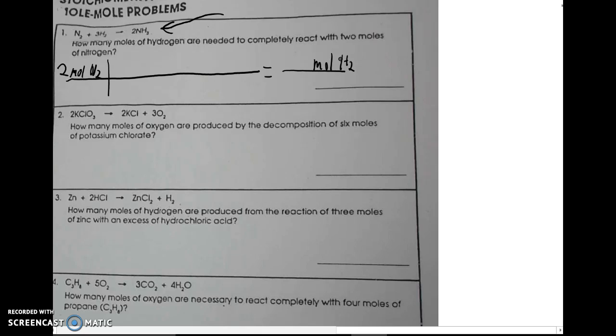So I want a mole ratio between nitrogen and hydrogen. And I'm going to write that off to the side here. So back to my balanced chemical equation, just like we did in our previous objective, we have 1 mole of N2 to 3 moles of H2. There's my mole ratio.